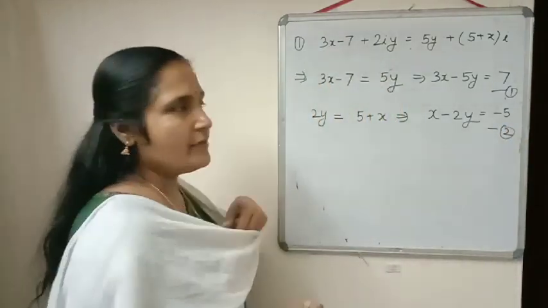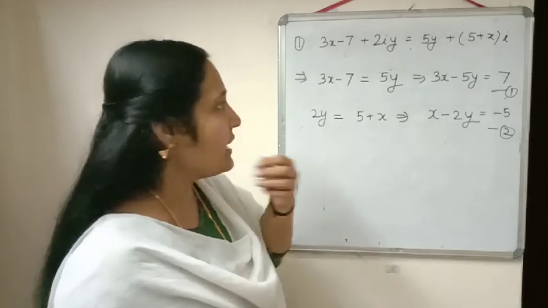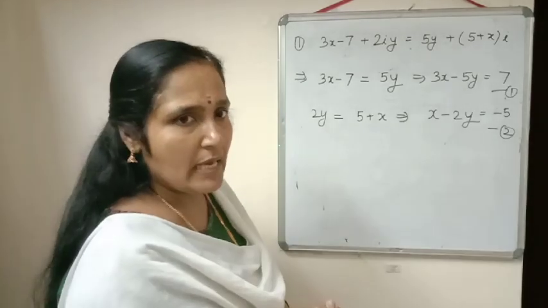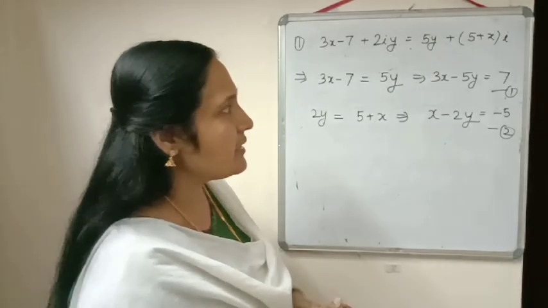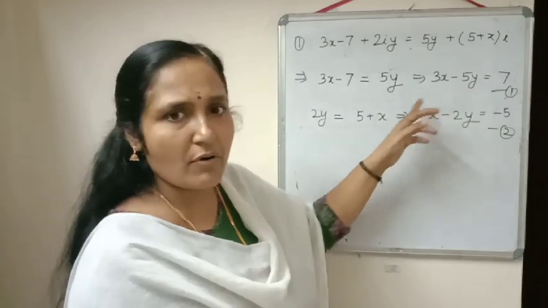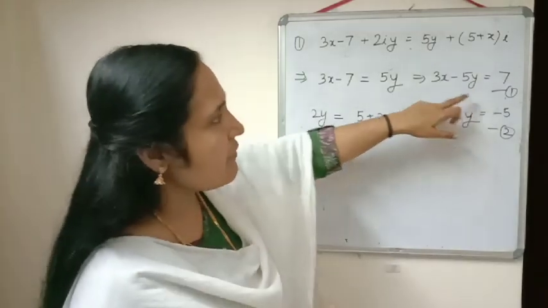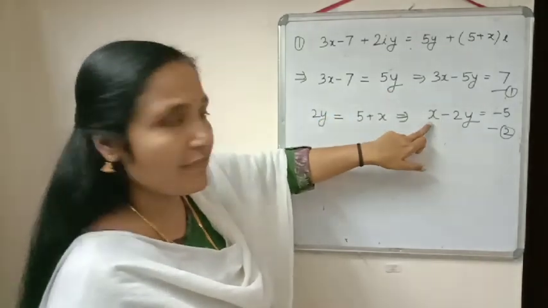Now here it is in the form of linear equations in two variables. So we have to simplify it. So by which method can we do it? Elimination method can be used. To use elimination method, either coefficient of x or coefficient of y should be equal. So in the first one we have coefficient of x as 3, and in the second one we have x only.